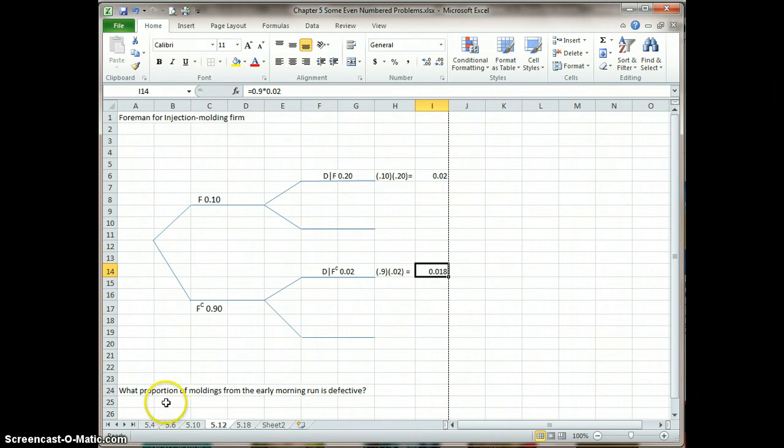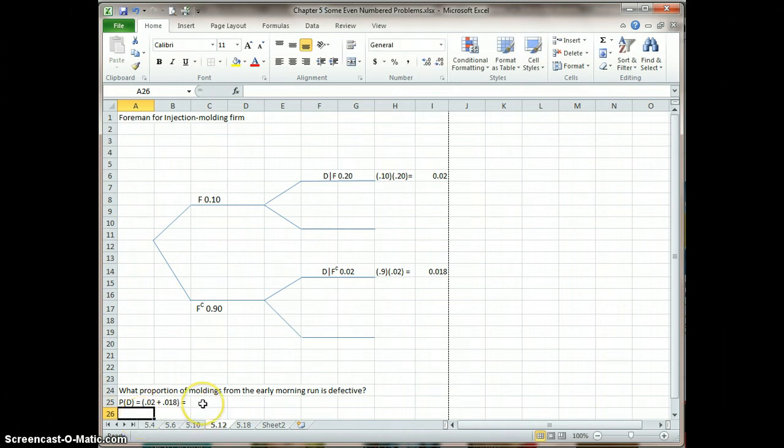So, what portion of the moldings from the early morning run is defective? The way we get that is simply to go the probability that it's defective is equal to 0.02 plus 0.018, which is equal to, and I'll do the calculation over here.